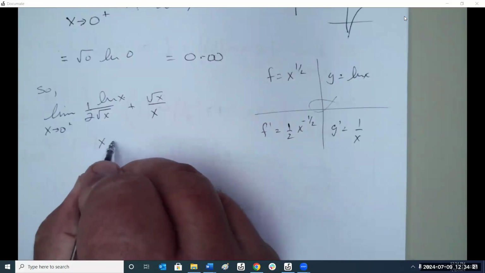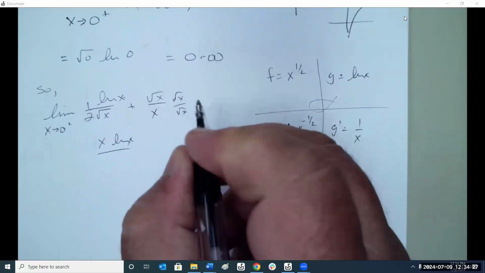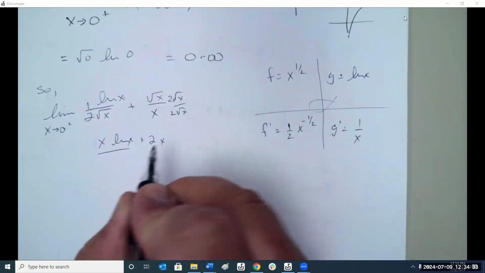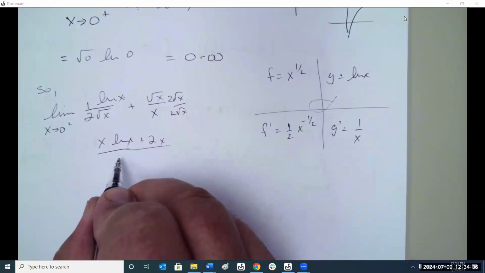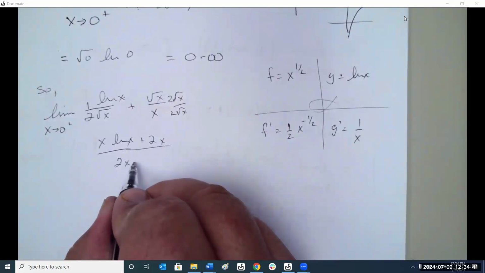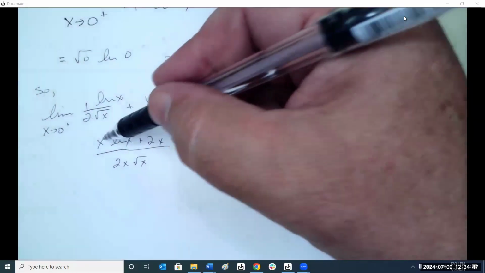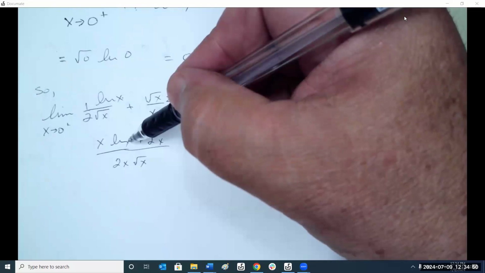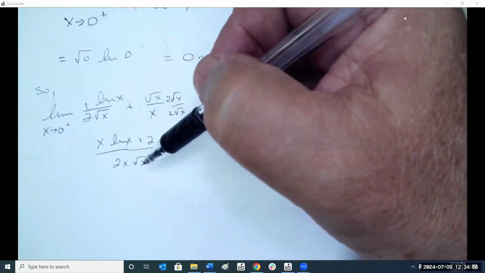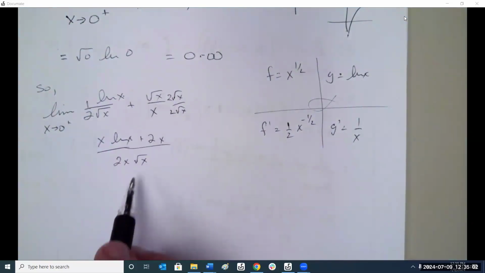So here we have x ln x plus 2x over 2x square root of x. Yeah, that's going to lead us down another path much further.